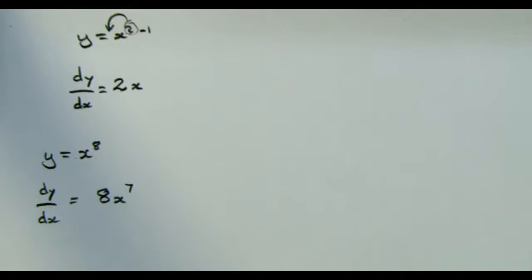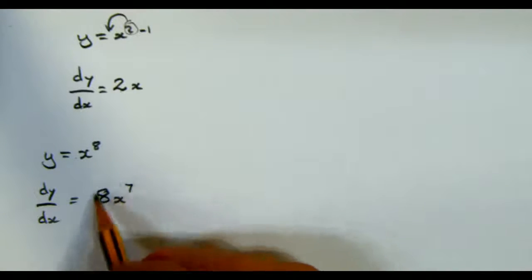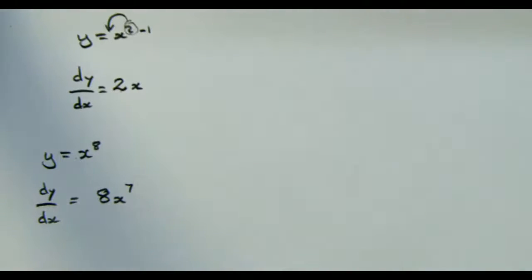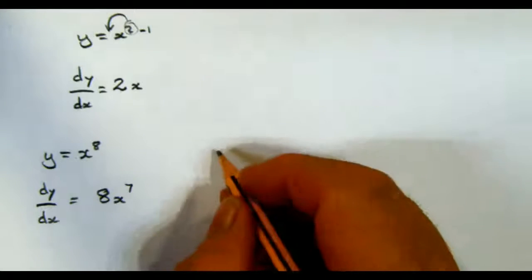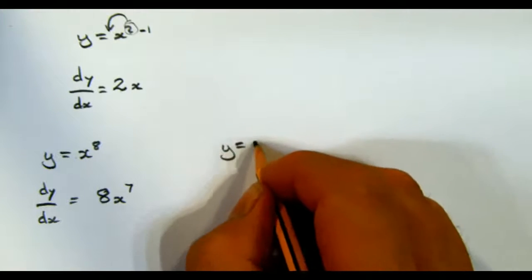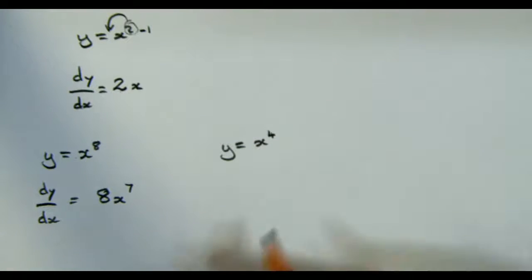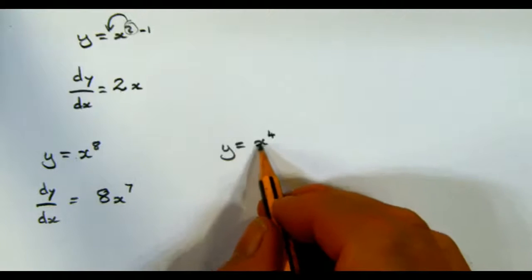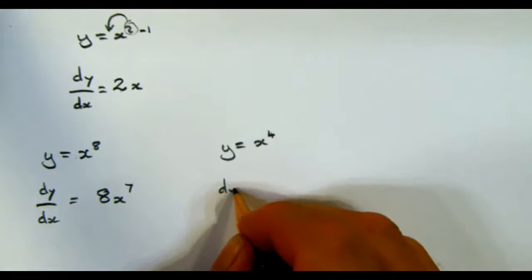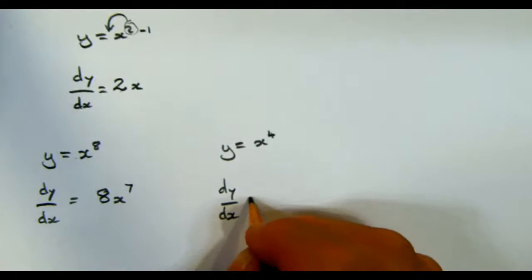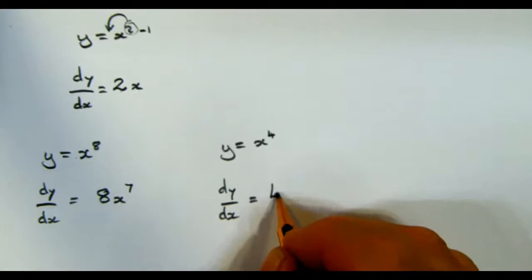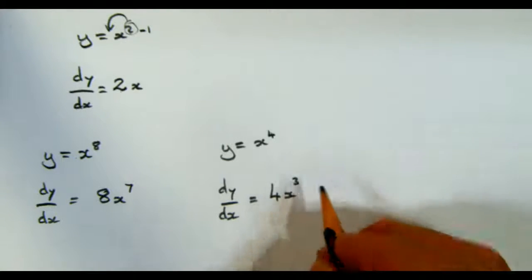And that gradient at that tangent will be 8x to the 7. If we have y equals x to the 4, then this will become dy by dx equals 4x cubed.